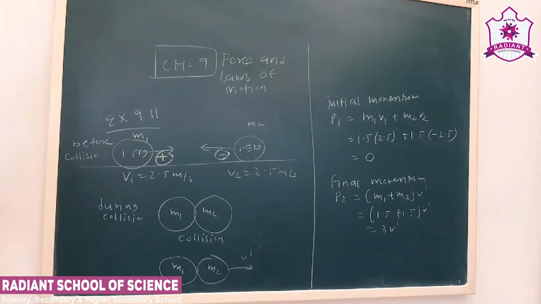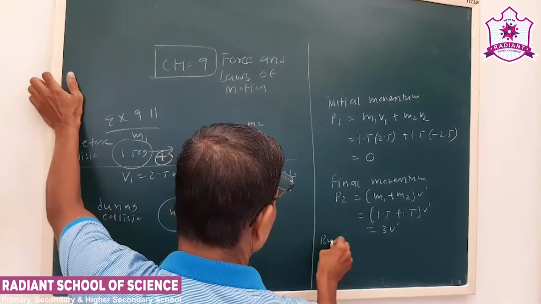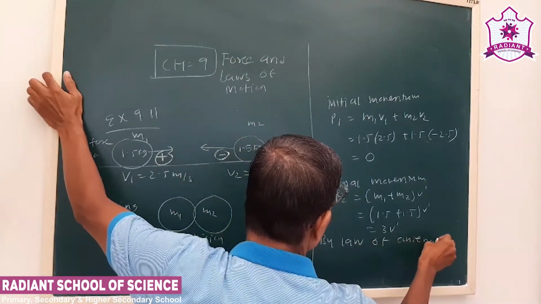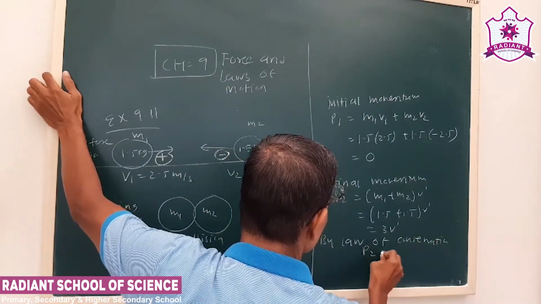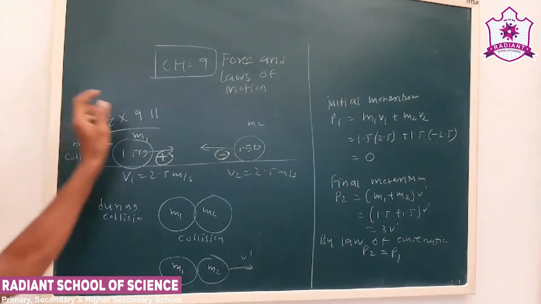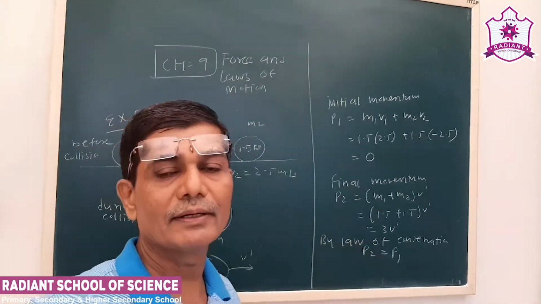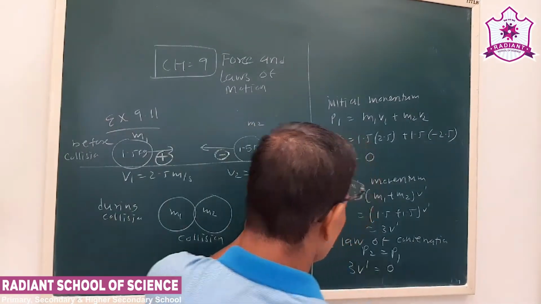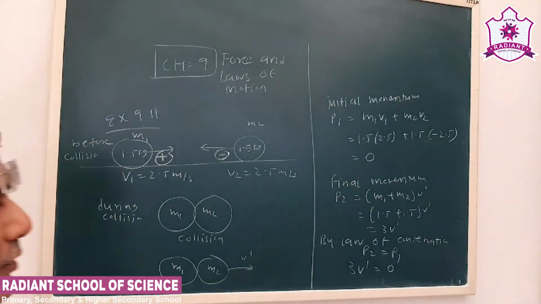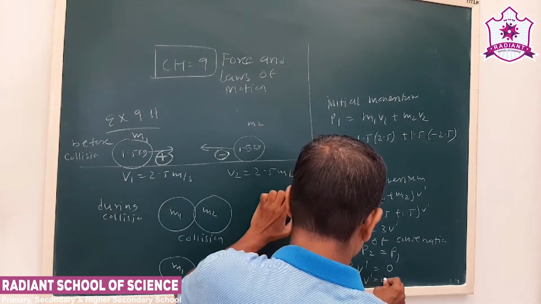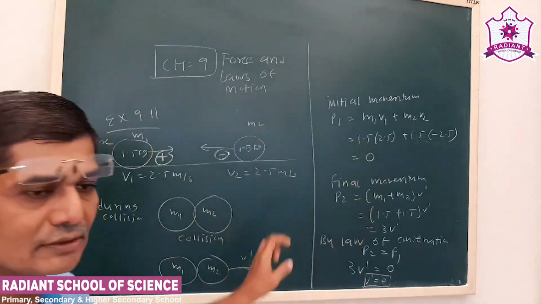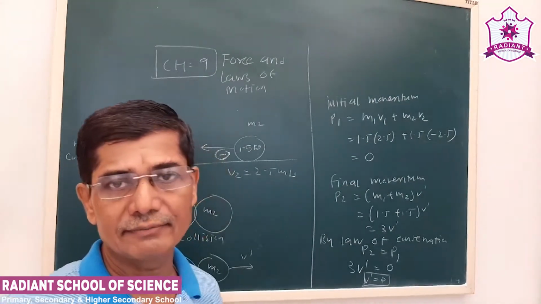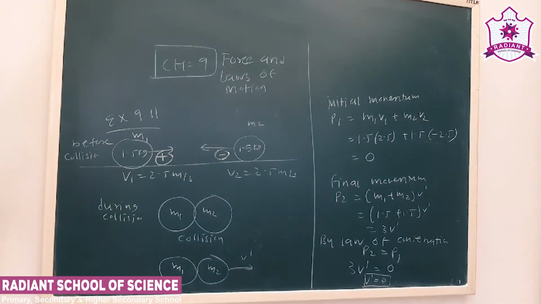By the law of conservation, initial momentum p1 equals final momentum p2, that is 3 v dash should be equal to 0. So we obtain v dash is 0. So after collision they will be at rest, because the final velocity we obtain is 0.